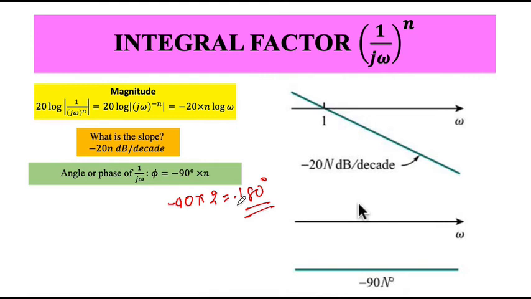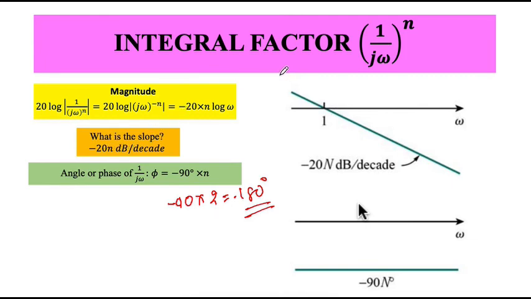I will not really draw this scale now, it's easy to compute. Okay, now I can just generalize this. So this is the way of generalizing the poles at origin. It is minus 20 into n log omega as my magnitude, and my slope is minus 20 into n.